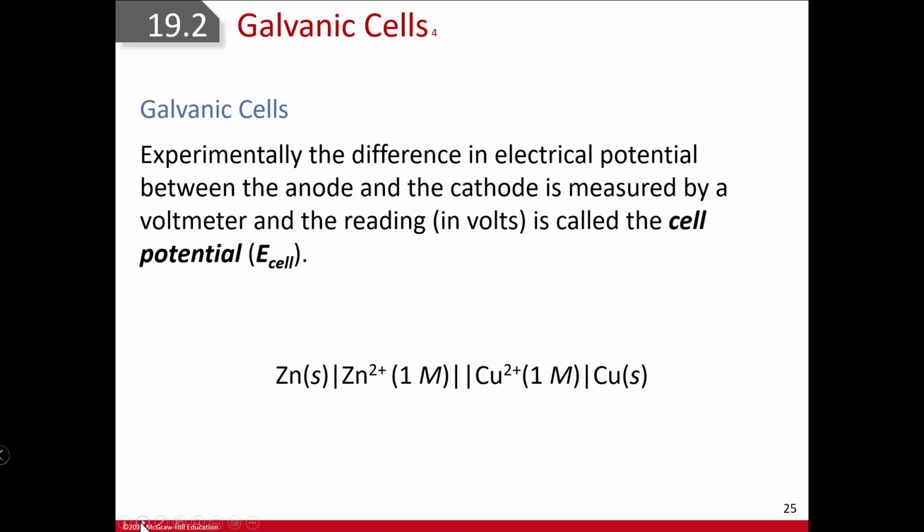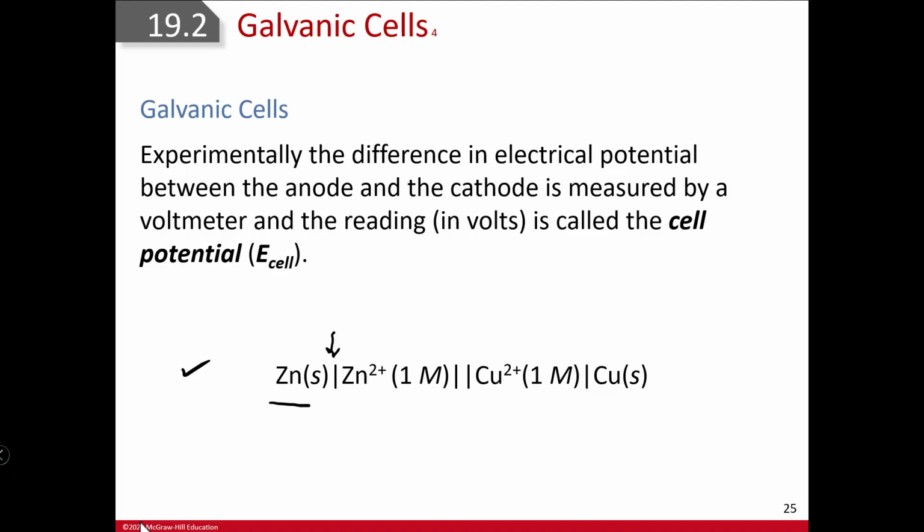All right, so this is the next thing that's really important, and I want you to be able to draw any galvanic cell with this notation. So what you have here is you always start with the anode. Then you have a line here. This is a boundary.